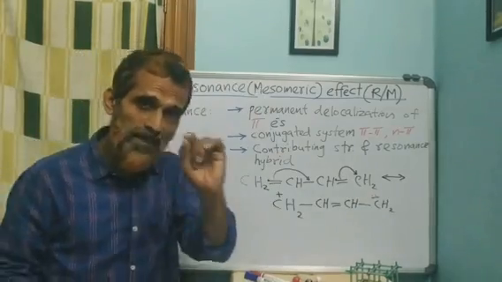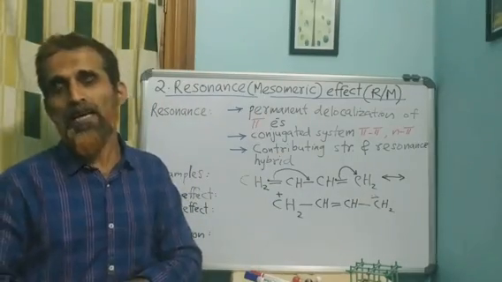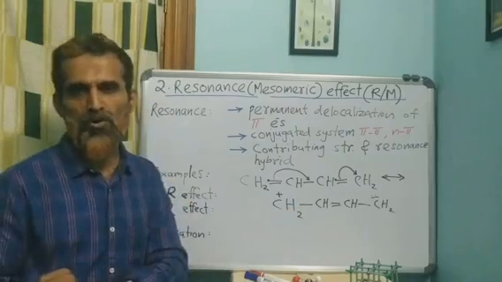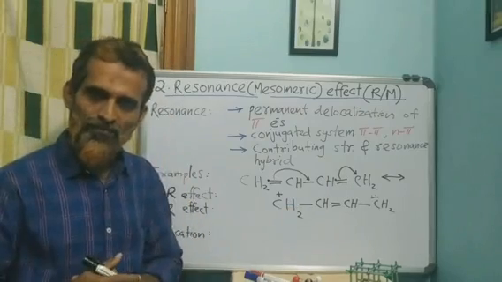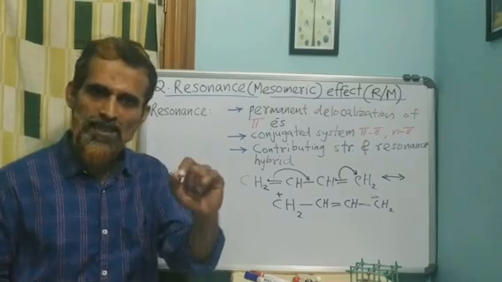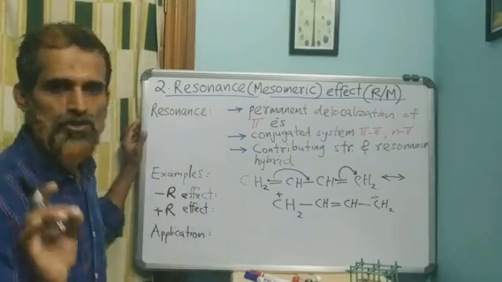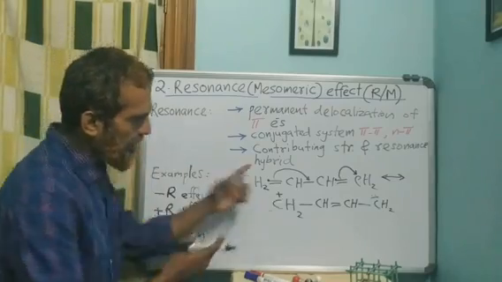Remember, whenever there is a negative charge, there is a lone pair, even if not mentioned. In some books, you won't see the lone pair shown, only the negative charge. That is enough. Okay. So these are the two structures.